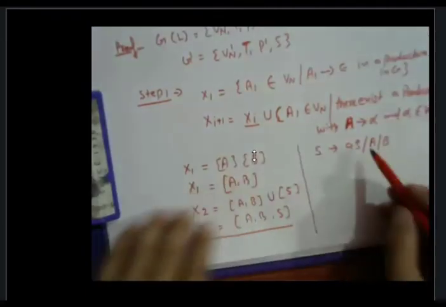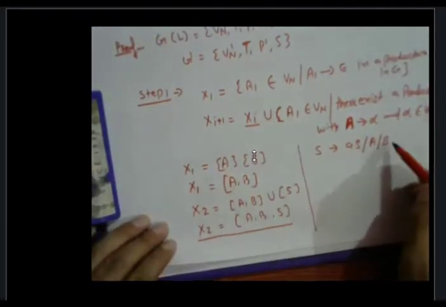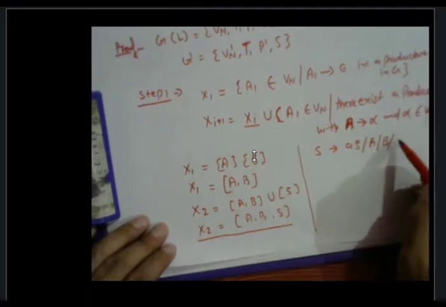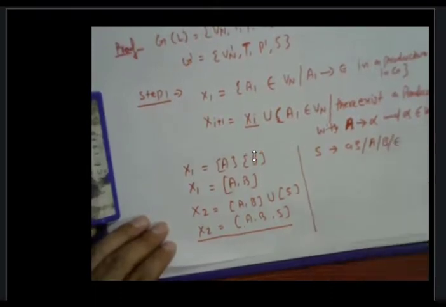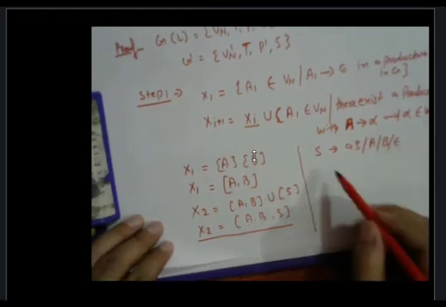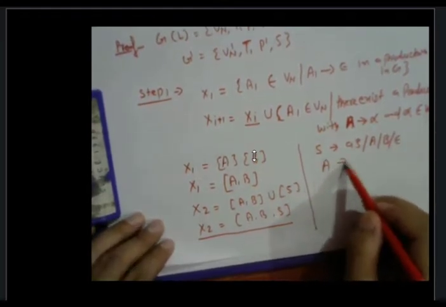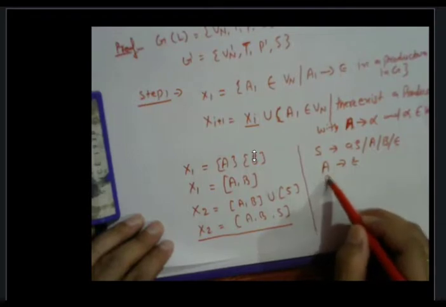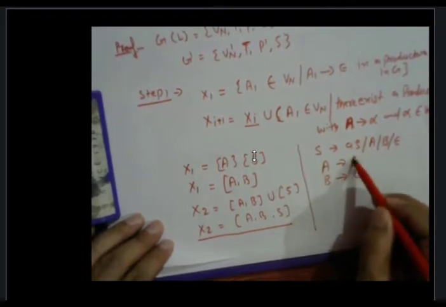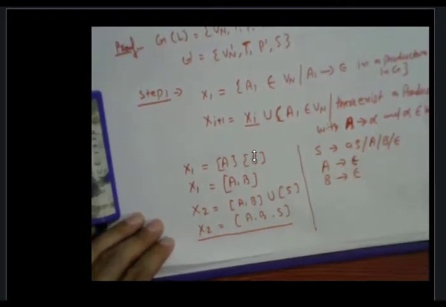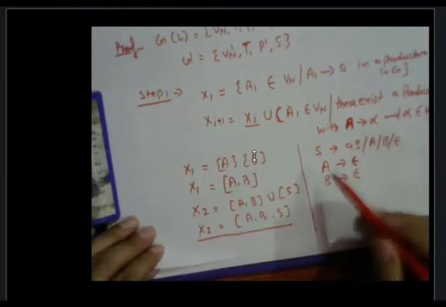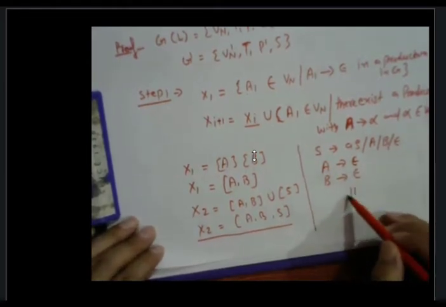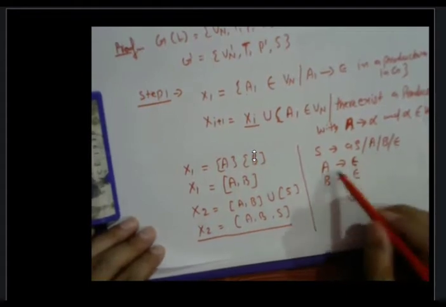Then in that case, A is equal to null. Here we can replace A is equal to null and B is equal to epsilon. But when we get the final results, if we remove A is equal to epsilon and B is equal to epsilon, these can be removed from here.